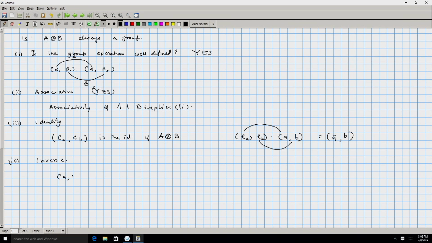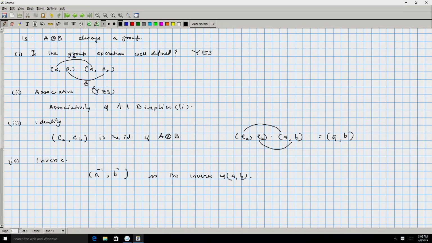If you have an element (A, B), its inverse is going to be (A inverse, B inverse).